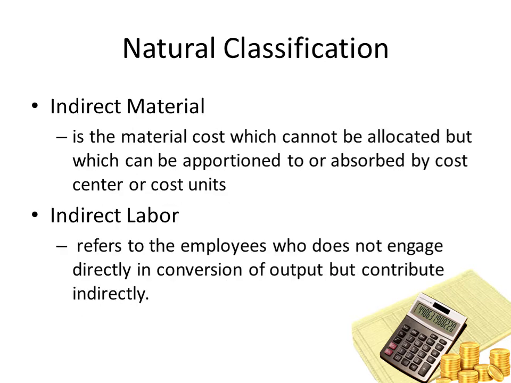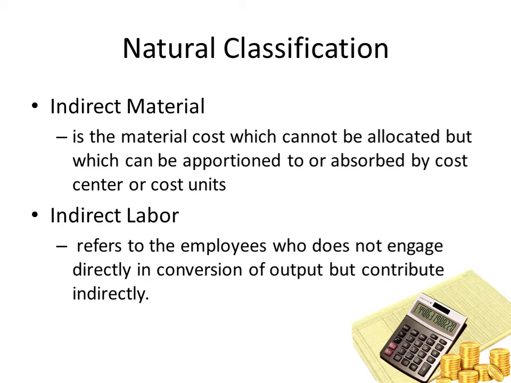Okay? Next, we also have the indirect labor and indirect material. Indirect labor and indirect material are sometimes also called our factory overhead. Why? Because these are material costs that cannot be allocated or apportioned or absorbed by the cost center or the cost unit.